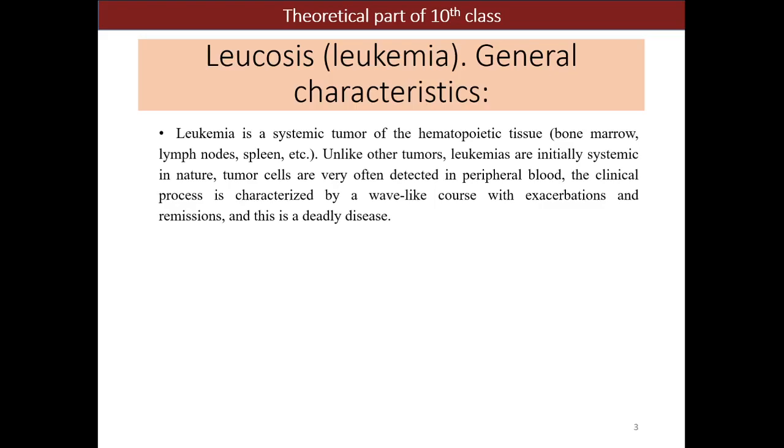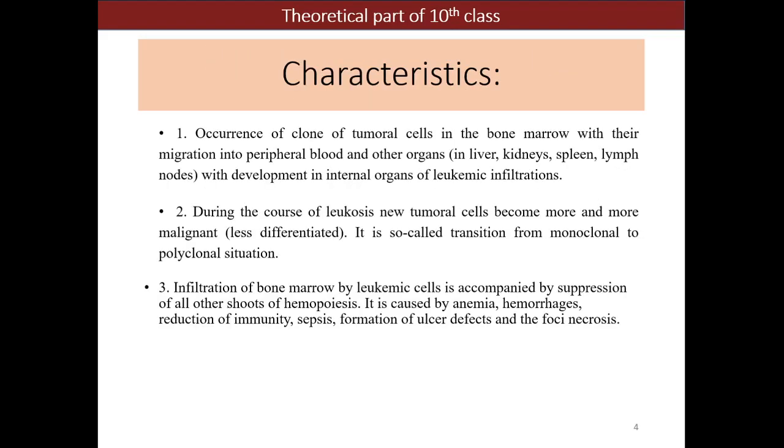I hope you remember that bone marrow contains a lot of different precursor cells, like pre-erythrocytes, pre-leukocytes, and pre-thrombocytes or pre-platelets. All of these cells could be the source for tumor growth. We will talk about it a bit later.